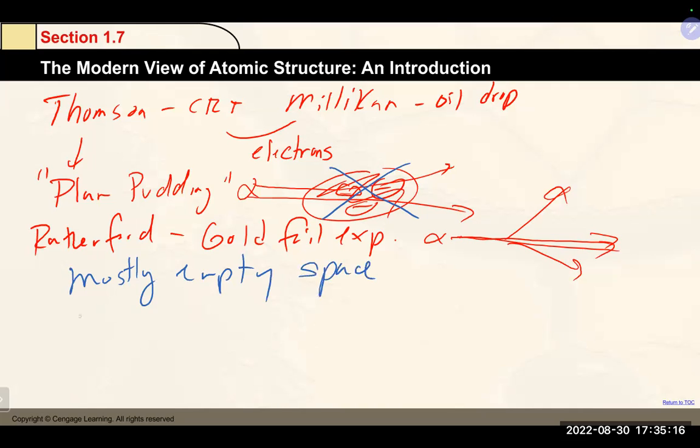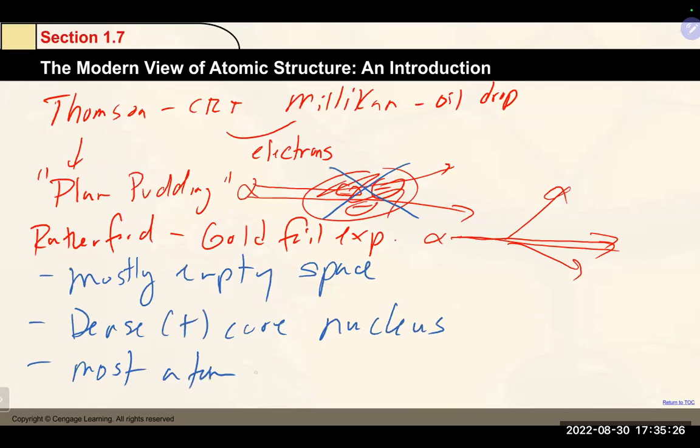It also had a very dense positive core, which was known as the nucleus, and most of the mass of the atom was in the nucleus, which also deviates from the plum pudding model, where most of the mass of the atom was believed to be the electrons.